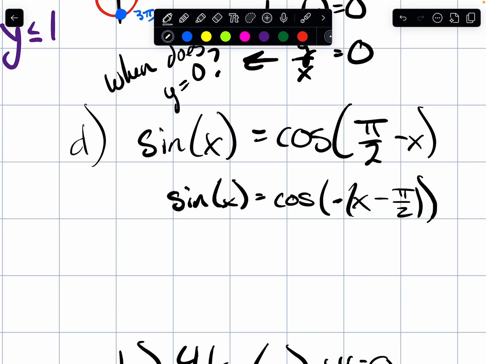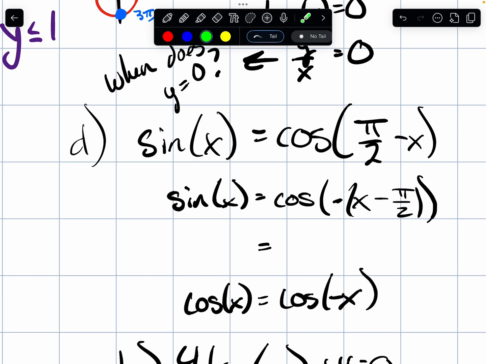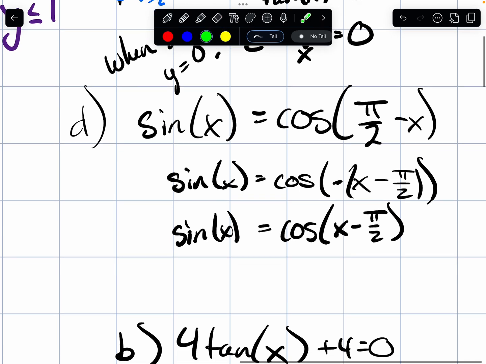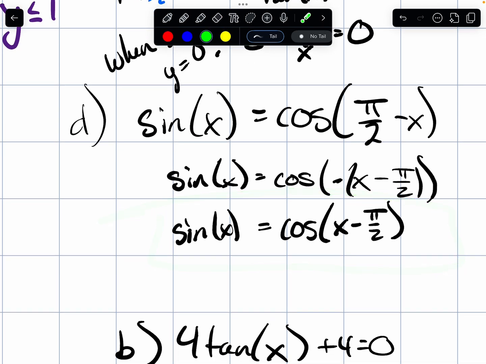Now, one thing that you did have written on that sheet is that cosine of x is equal to cosine of negative x. So the negative version of this is the same thing as a positive version. So then we could get that sine of x equals cosine of x minus pi over 2. And this right here, this is like an absolute fact. It wasn't on your sheet.